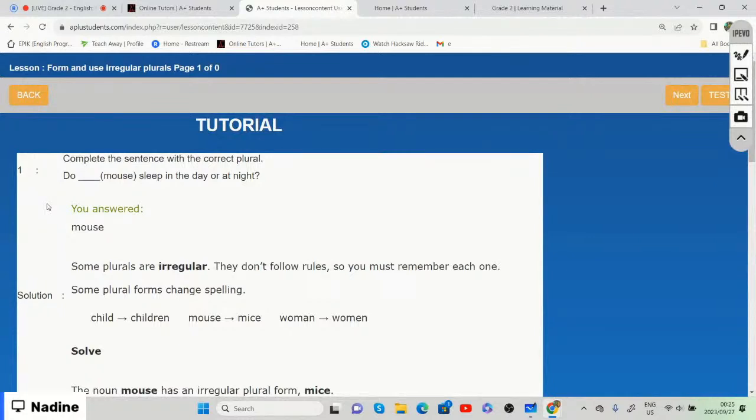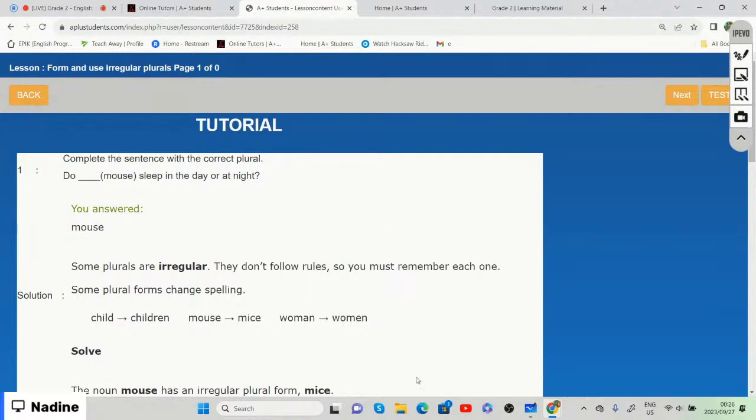You're just going to have to remember each one. No adding of S or just ES, right? You need to know what the word is when the word basically changes to a plural form.